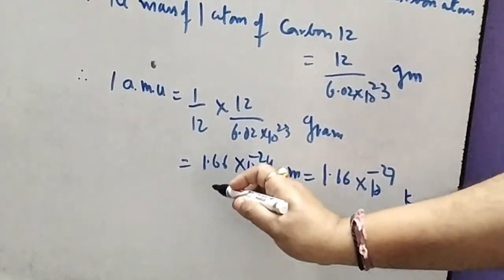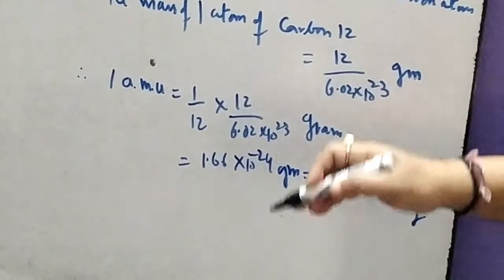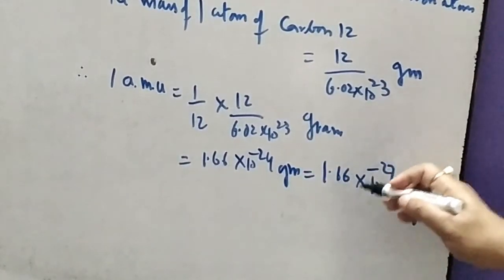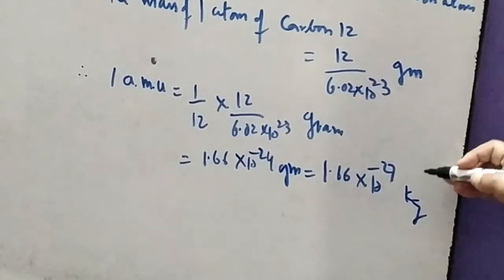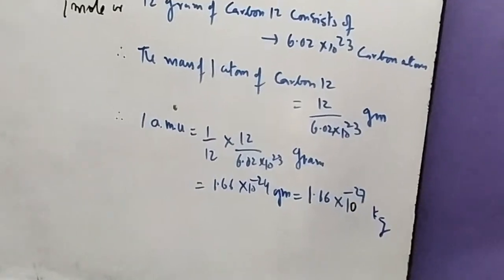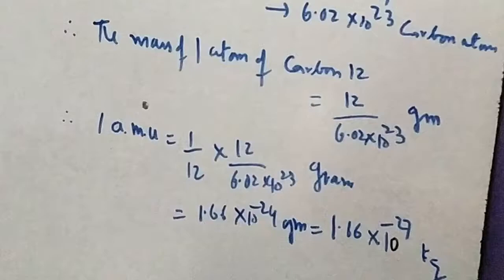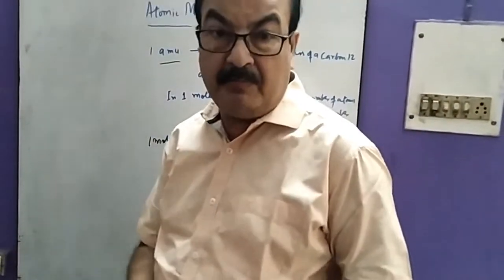Ultimately, we get 1.66 into 10 to the power minus 24 gram. Converted into kg, we get 1.66 into 10 to the power minus 27 kg. This is the direct relation between the SI system and the atomic mass unit.